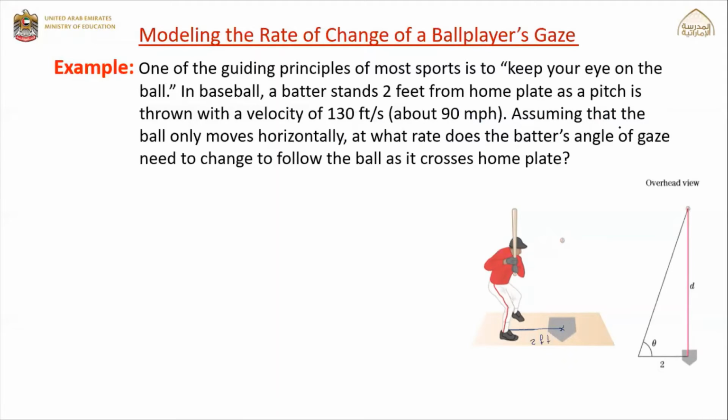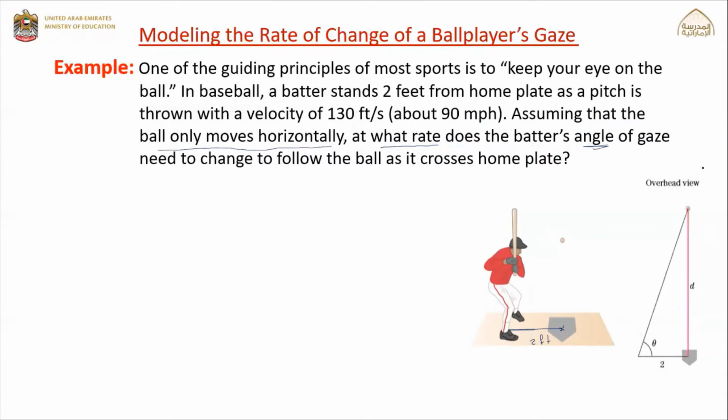Assuming that the ball only moves horizontally, at what rate does the batter's angle of gaze need to change? So he asks here about the rate of the angle. Which angle does he talk about?